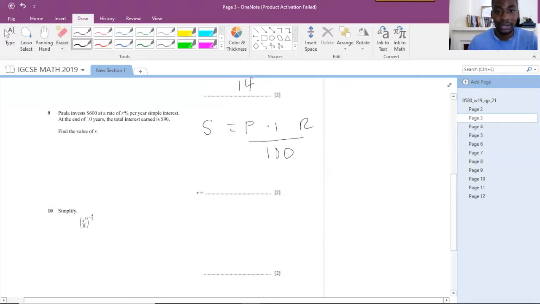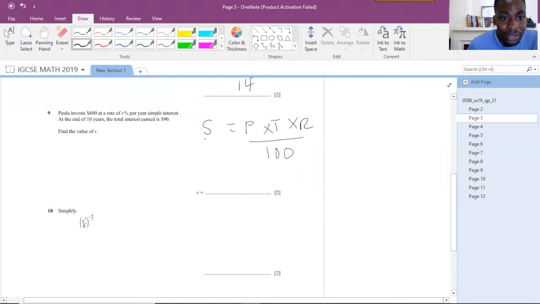Erase the e's on Peter and put multiplication symbols. It means simple interest is equal to principal times time times rate divided by 100.